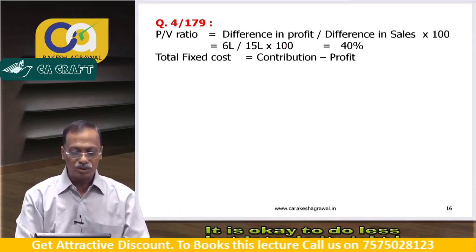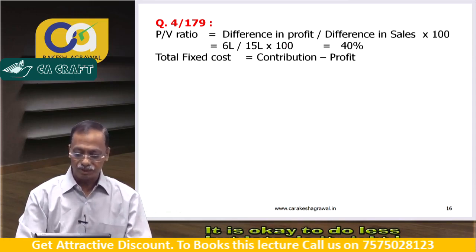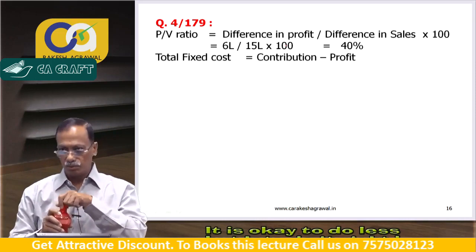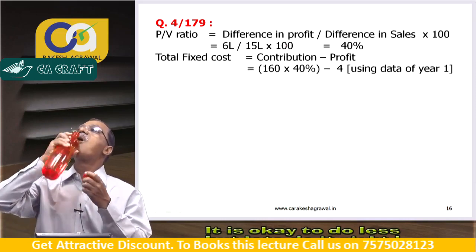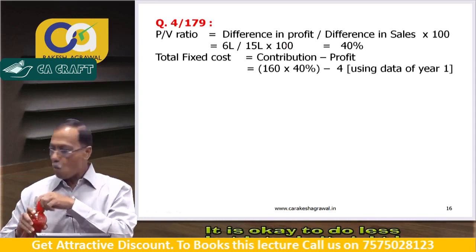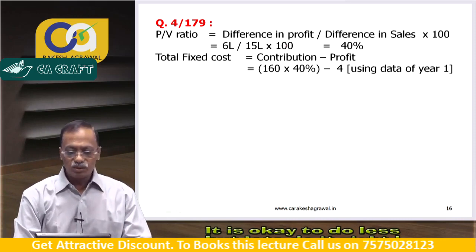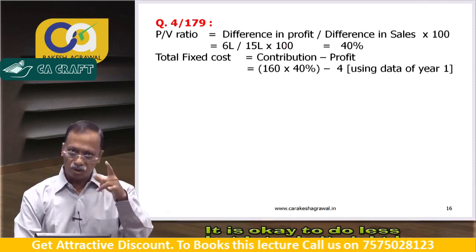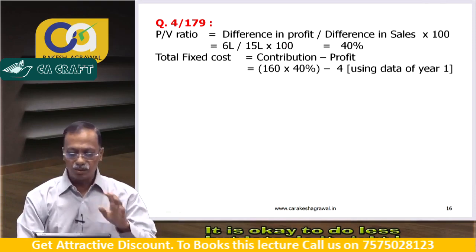Okay, total fixed cost is equal to, our reshuffled formula, contribution minus profit. Now I've used the data of year 1. You can use even the data of year 2. You will get the same answer because fixed cost will remain the same whether you do it from year 1 data or year 2 data.